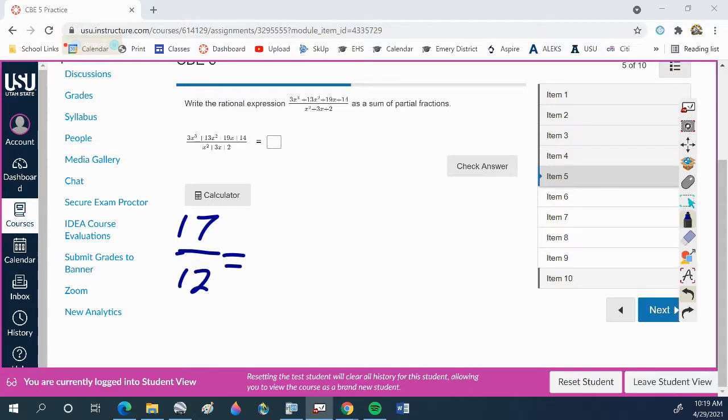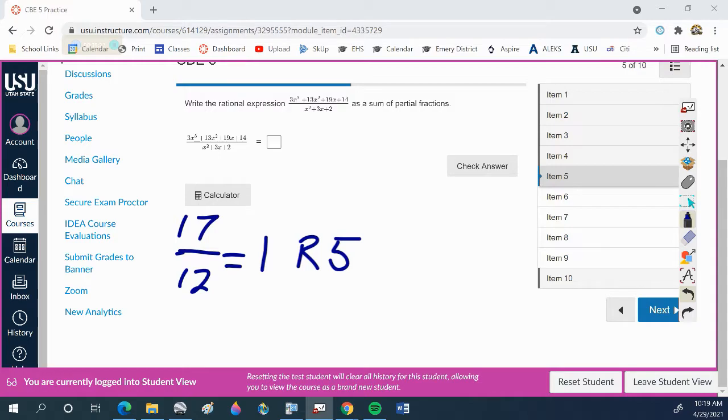Well, there is a 1 inside there, right? And the partial fractions will be of the remainder. So how many times does 12 go into 17? 1, remainder 5. But nobody in their right mind is going to list remainder 5.